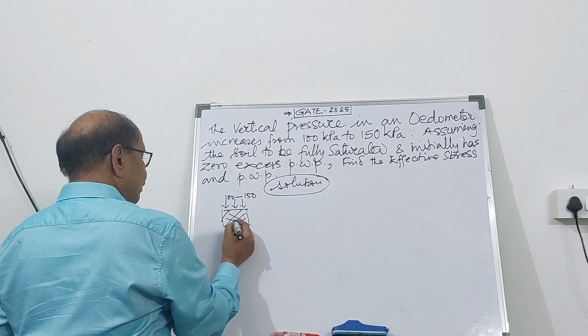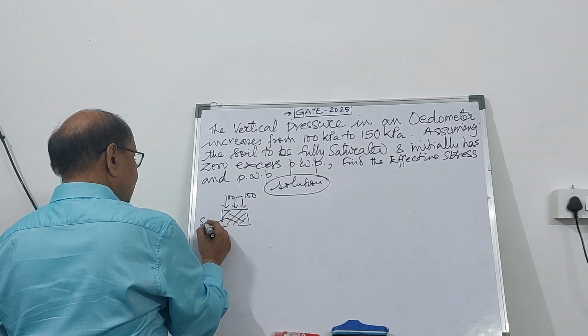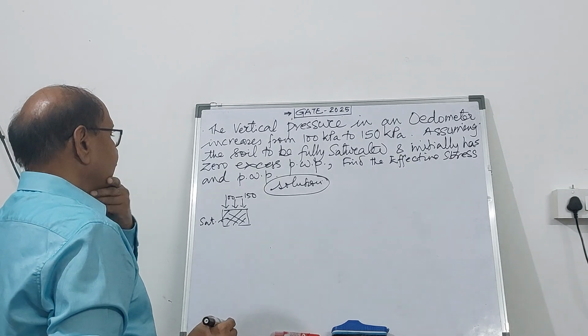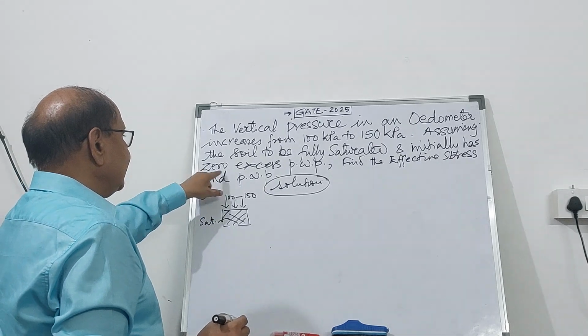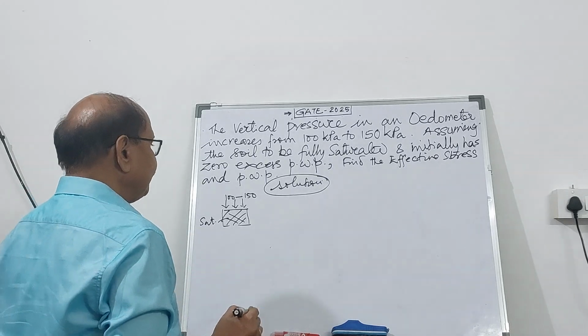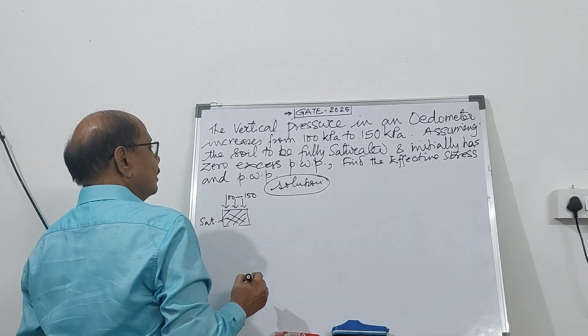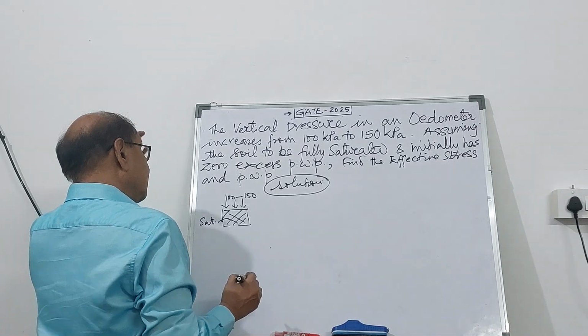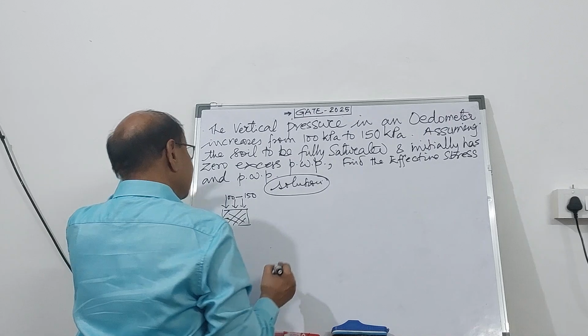So this soil sample is completely saturated. At 100, initially it has zero excess pore water pressure. When you increase it to 150, the pore water pressure will increase.